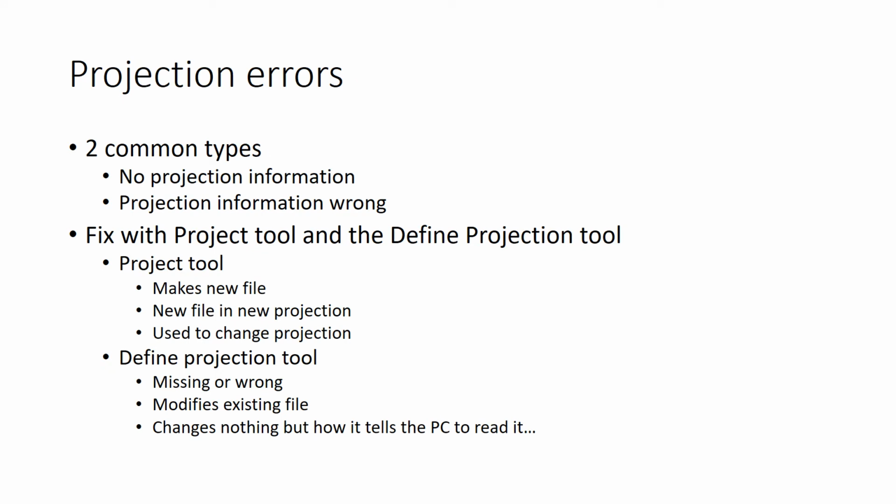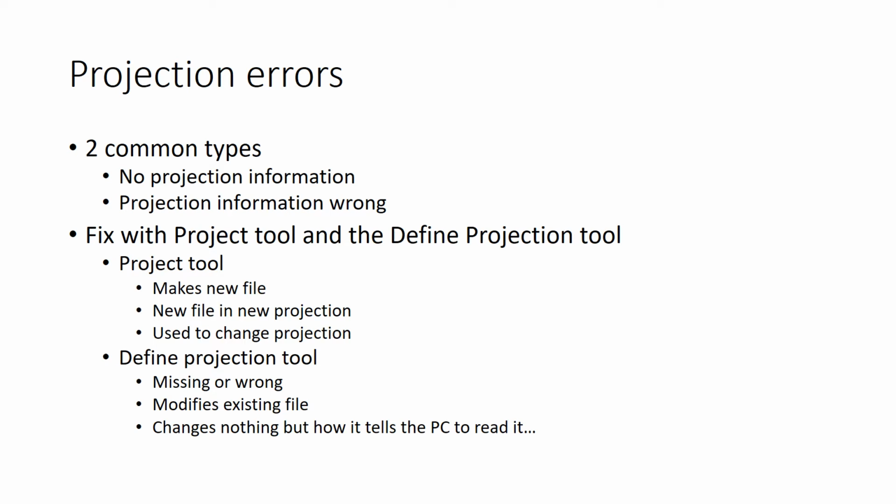Two most common types of errors with projections, you need to know this. The first one is you have no projection information, or the information that you have is wrong. And that's it. So what do you do to fix them? Well, if you don't have any projection information, you simply define it as what you think it is and see if it fixes it. If it doesn't, you just define it as something else until it's fixed.